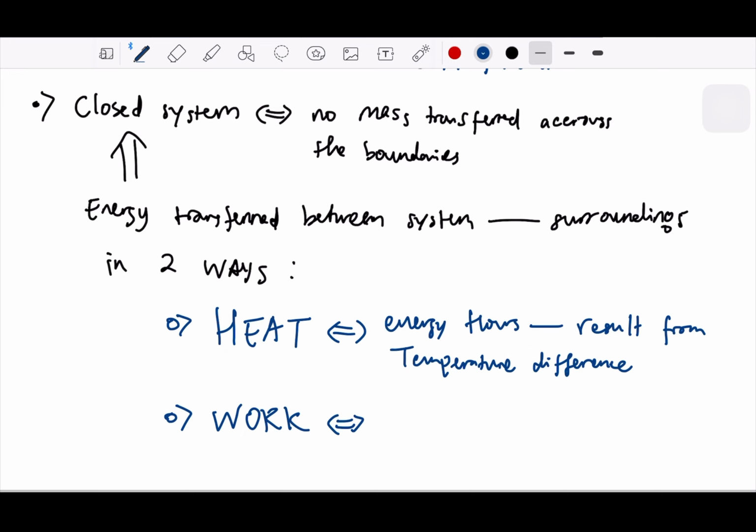So this is practically aside from temperature difference. Usually, for heat and work, we can observe it through the piston movement, okay? The piston movement.